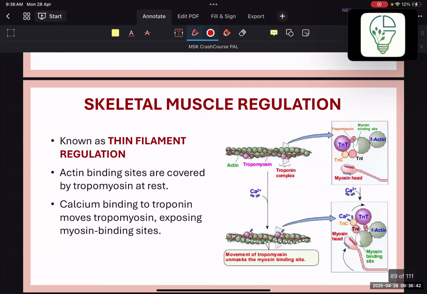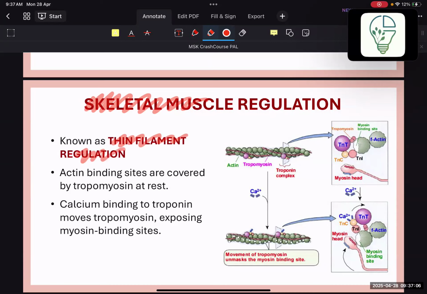Now, remember when I was talking about actin filaments and how the whole concept of tropomyosin covering the myosin binding site on the actin filament was important? The reason why it's important is because that's another difference between smooth muscle cells and skeletal muscles. Skeletal muscles will depend on thin filament regulation to prevent contraction when you're at rest.